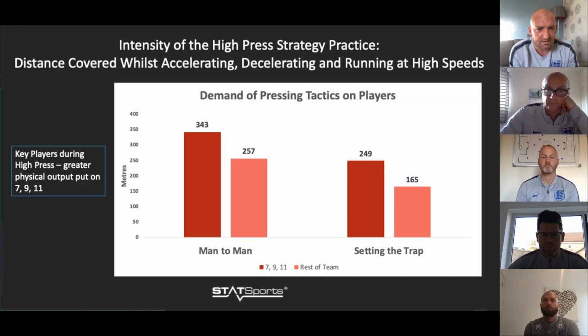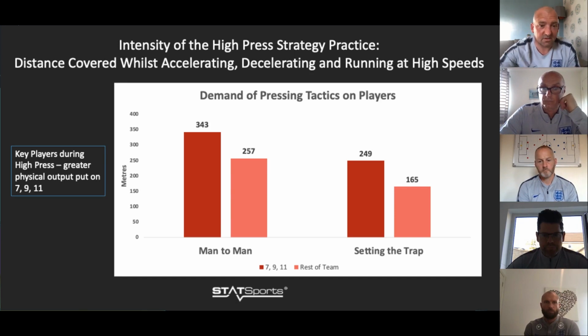If you want to press, you've got to have players who've got that kind of energy and the capability to recover and go again, and the physical strength to be able to brake and accelerate and do lots of that work, because that's what the demand of pressing puts on. But again, the man-to-man press had a greater physical demand in that department for those players than setting the trap.